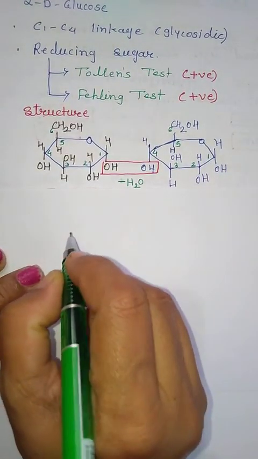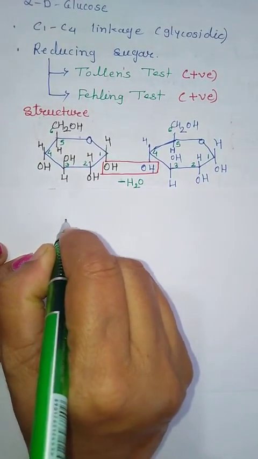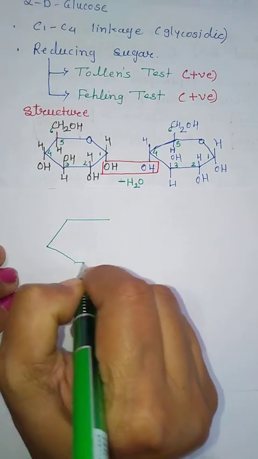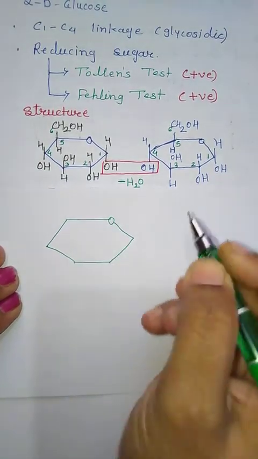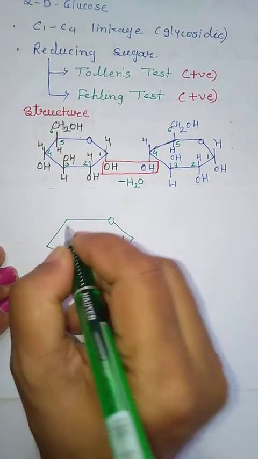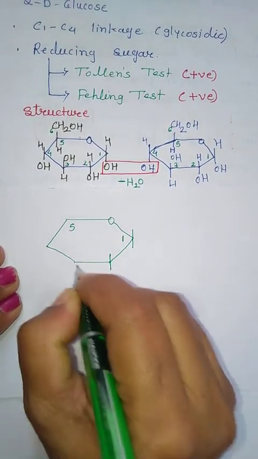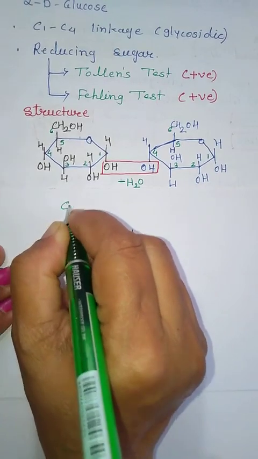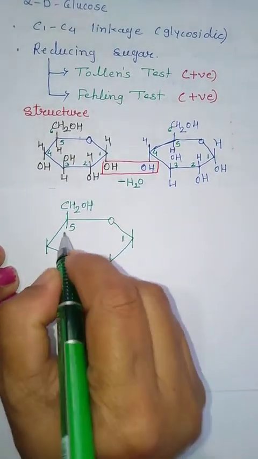First of all, we will write the structure of alpha D glucose. Because it is glucose, it has a six-membered ring. One of the members is oxygen. Oxygen is bound to the first carbon and the fifth carbon. So this is first, second, fourth, fifth, and this one is the sixth carbon.